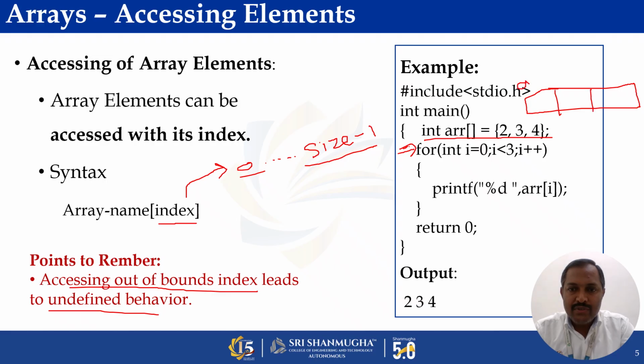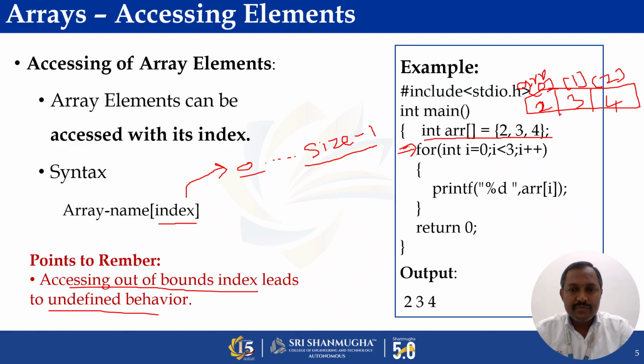ARR of 0 is the first element, then ARR of 1, ARR of 2. In ARR of 0, 2 is stored, in ARR of 1, 3 is stored, in ARR of 2, 4 is stored.